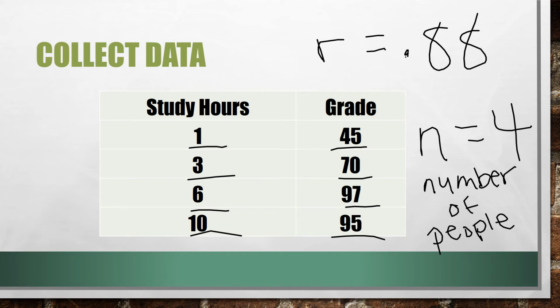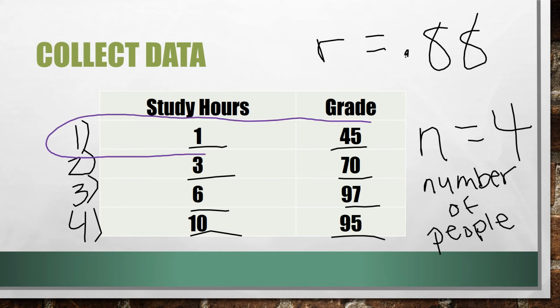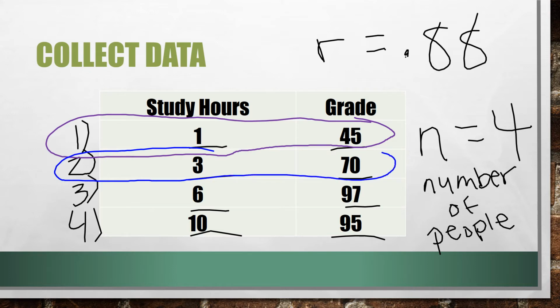But we only have 4 people. 1, 2, 3, 4. So person 1, we'll make them purple. They had studied for 1 hour and they got a grade of 45. Person 2 in blue, they studied for 3 hours and got a grade of 70.